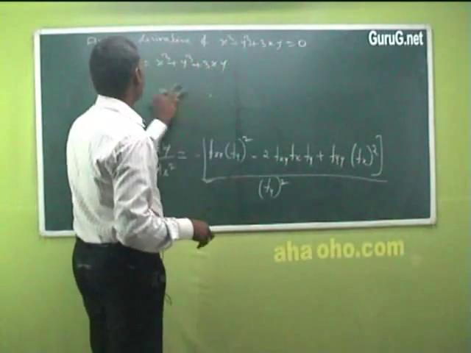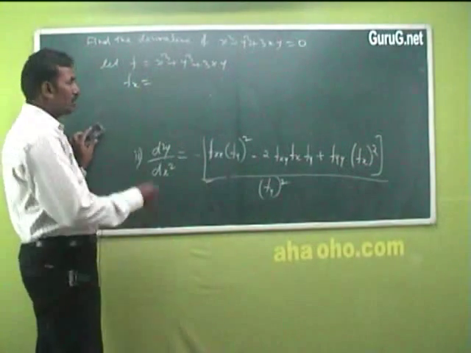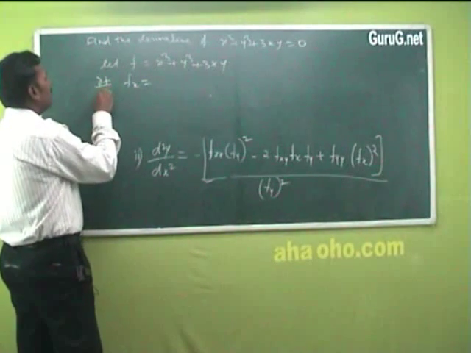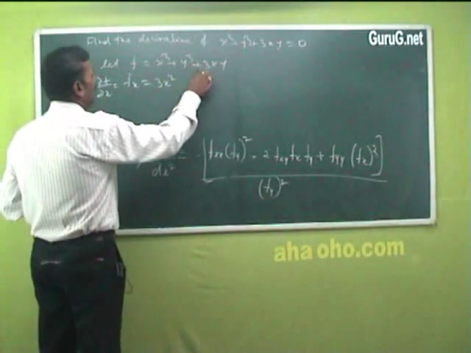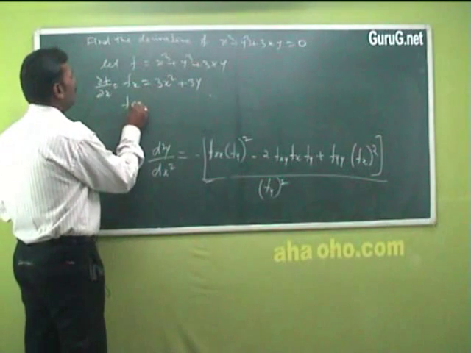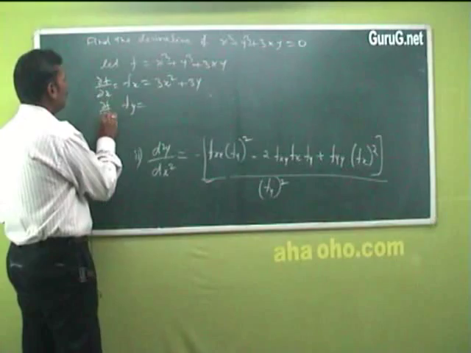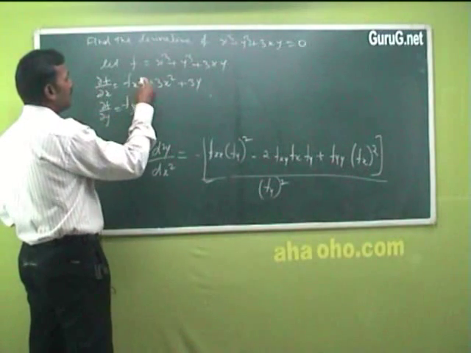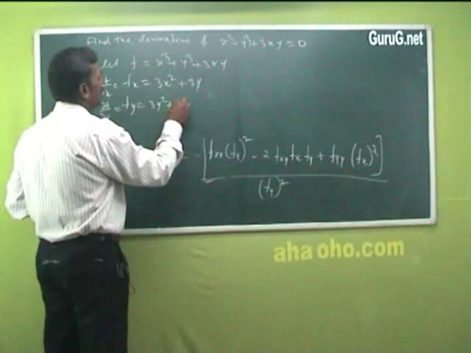What is fx? Differentiate partially with respect to x. Dou f by dou x is fx, so 3x squared, plus 0, and then 3y. Then fy is dou f by dou y, so differentiate with respect to y, keeping x as constant: 3y squared plus 3x.